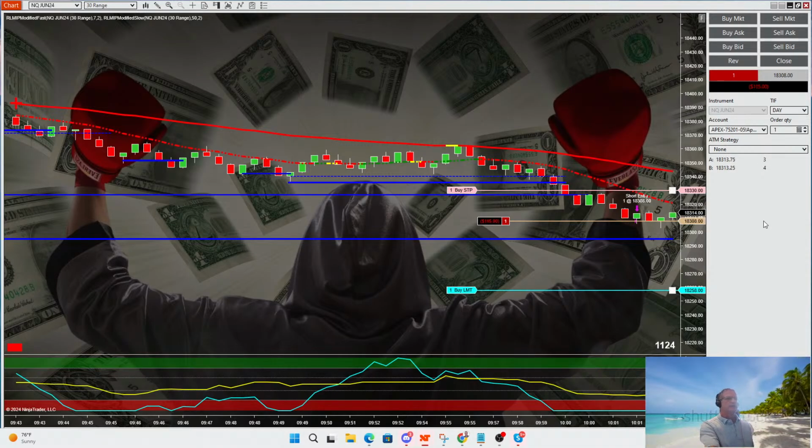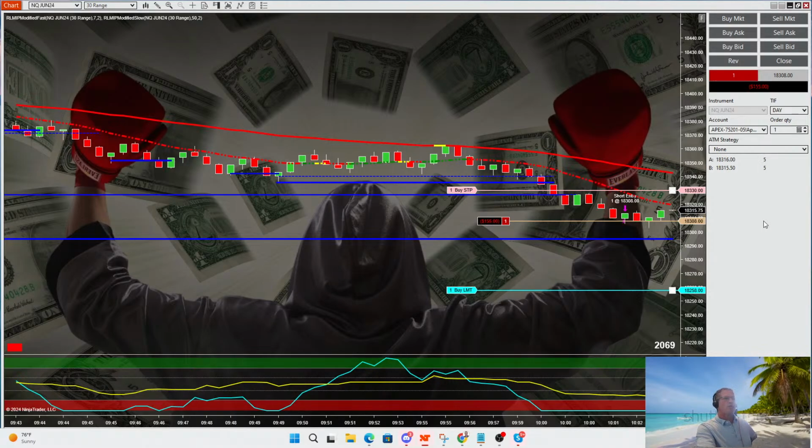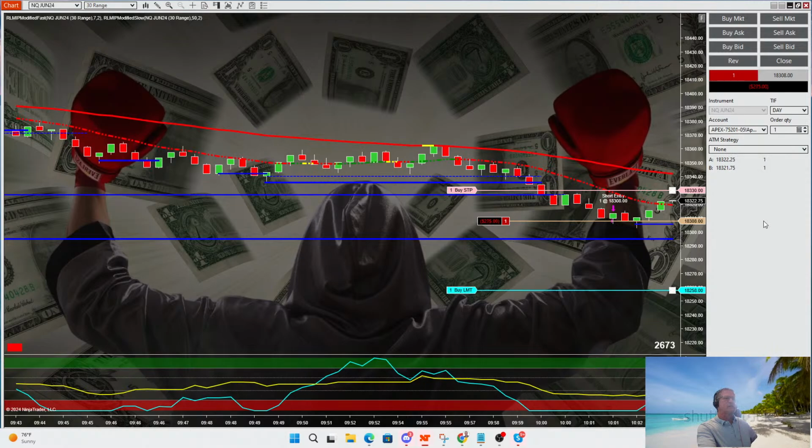I'm going to give this one a little more breathing room, just because of what happened in the first couple of trades we took. Still going to come all the way back on me. Kind of what it's been doing.